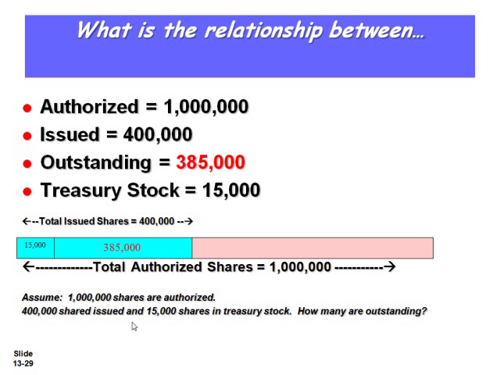Well, the treasury stock reduces the number issued. So in other words, outstanding plus treasury stock equals the number of shares issued. So just because it's treasury stock, it also means it has been issued. And you'll notice this pink area is all stock that is what? Unissued.